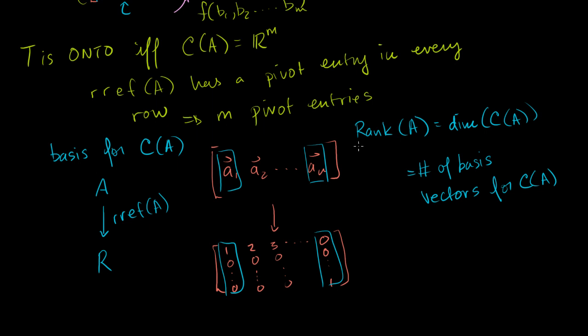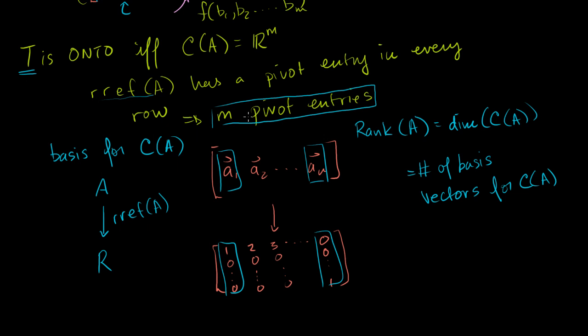Now the whole reason why I talked about this is we just said that our transformation T is onto if and only if its column space is Rm, which is the case if it has a pivot entry in every row in its reduced row echelon form, or since it has m rows, it has to have m pivot entries. So for every row you have a pivot entry, but every pivot entry corresponds to a pivot column.